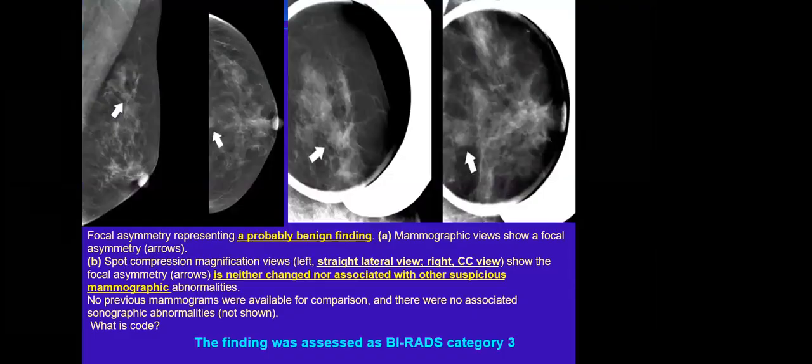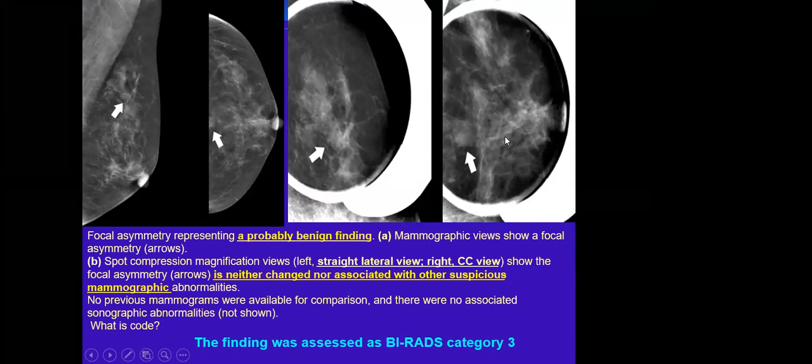Why have we done the spot compressions both in straight lateral and CC? Why did we not do only one? We saw it here on the CC view and it appeared on the compression view.